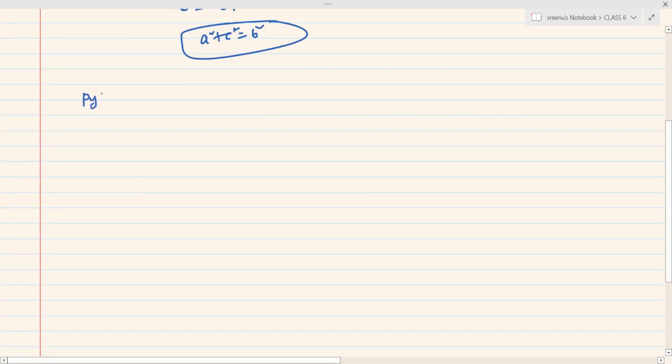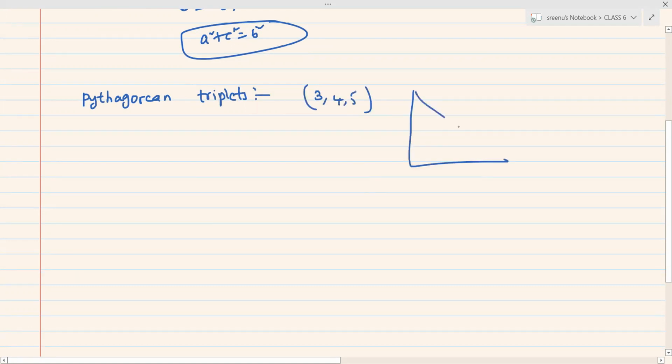Let us check Pythagorean triplets. If I take 3, 4, 5 as Pythagorean triplets, I will write the biggest side 5 here, and 3 here, and 4 here. So 5 is the hypotenuse, and 3 and 4 are the other two sides.